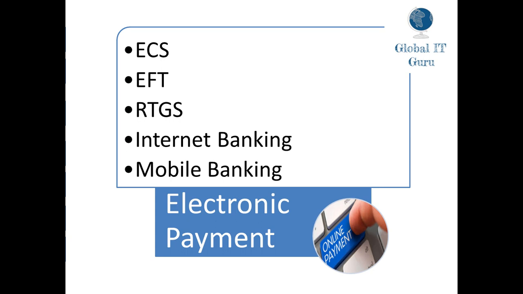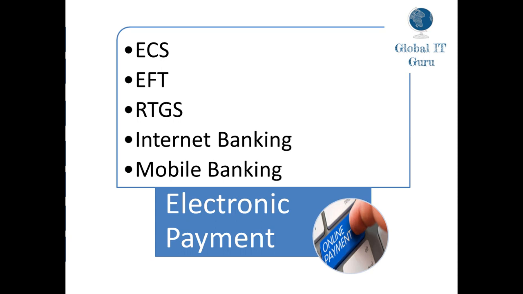Now coming to ECS credit. It is used to credit the amount to numerous bank accounts by a single debit to the user's bank account. Some examples are salary credit, interest credit, and dividends. Now moving to the EFT transaction. What is an EFT transaction?